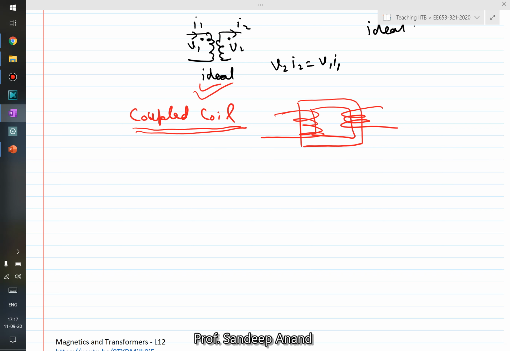Those are the things that would change, but the basic structure, the basic laws of physics remain the same. So the equivalent circuit remains the same. Nothing changes in the equivalent circuit. You can certainly represent it in a different way, but more or less everything remains the same. So as far as the circuits we would talk about next, the words transformer and coupled coil would be synonyms for us, right?